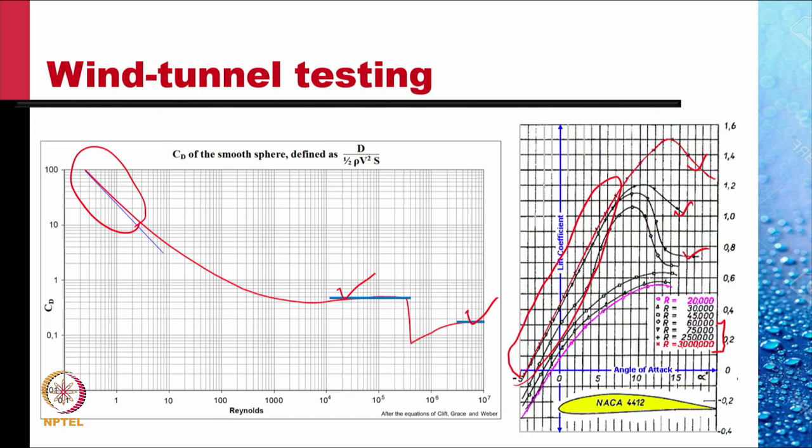So that simplifies the testing of models in wind tunnel. For large enough Reynolds number, we don't worry about Reynolds number at all. We neglect the viscous law. We take a model of the aircraft or the aircraft component, put it in a wind tunnel, and run the test at a large enough Reynolds number so that we are within this range.